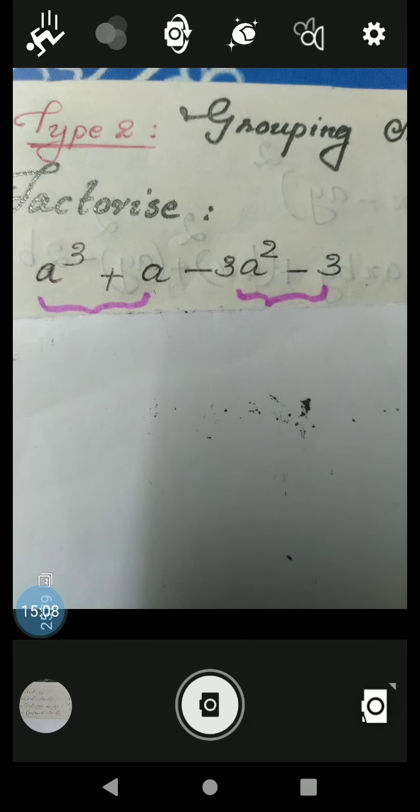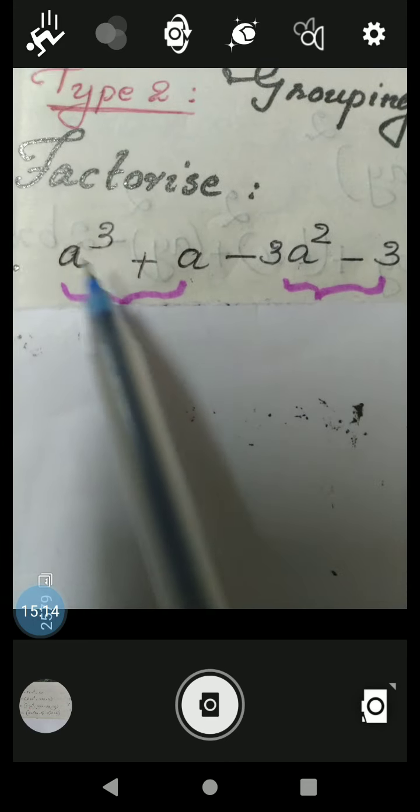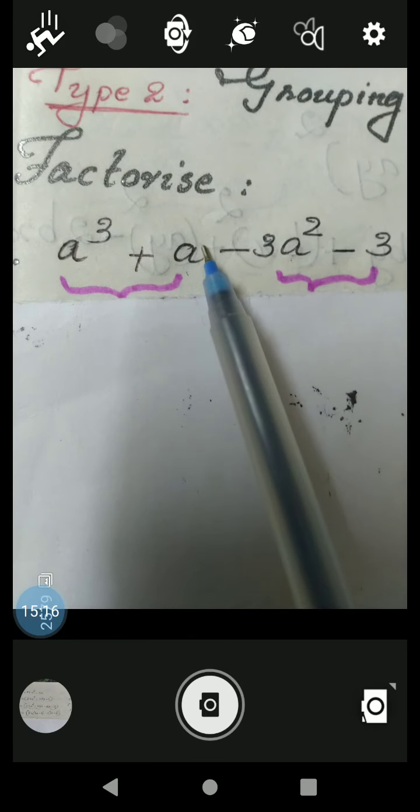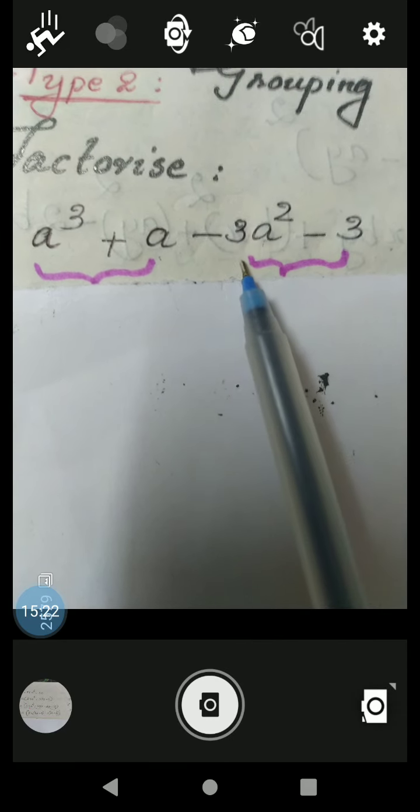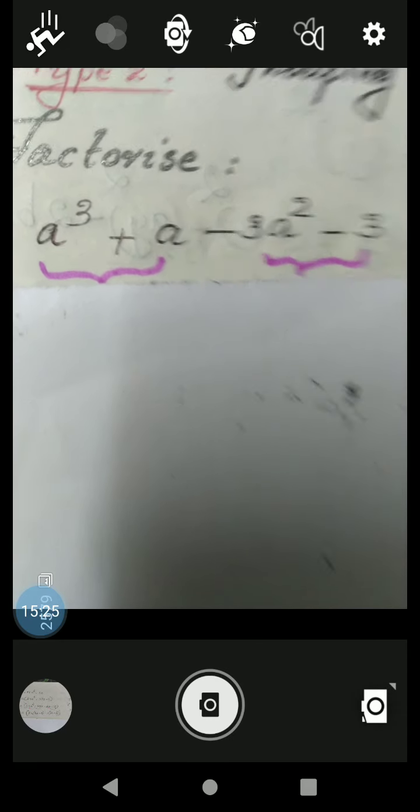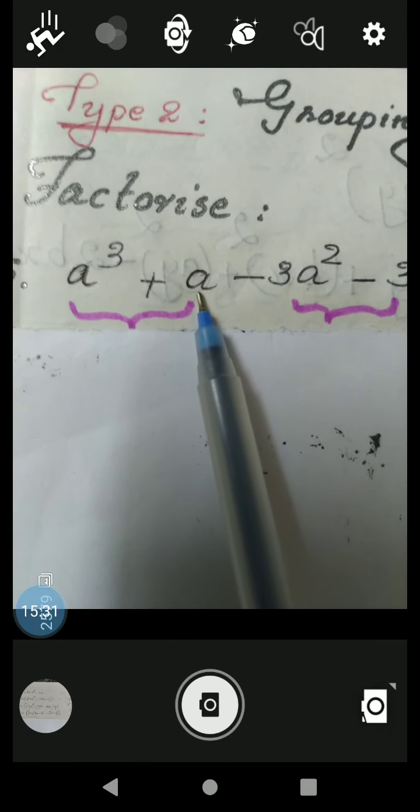That is, group the terms of the given expression in such a way that each group has a common factor. Here we can consider the first two terms as the first group and the last two terms as the second group. We can see in the first group there is a common factor. What is that common factor?